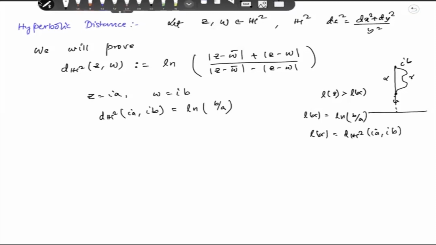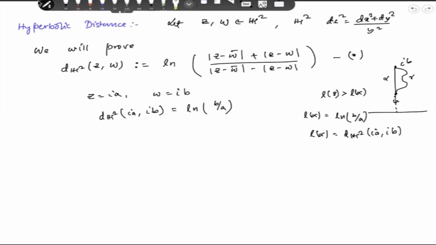If I put Z equals iA and W equals iB in this formula, we get the right hand side of the star equation to be log B by A. So this equation holds for Z equals iA and W equals iB.